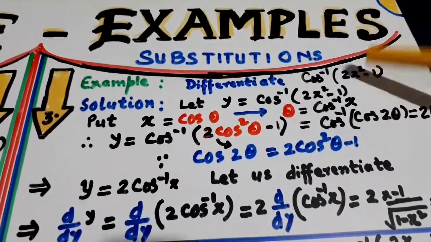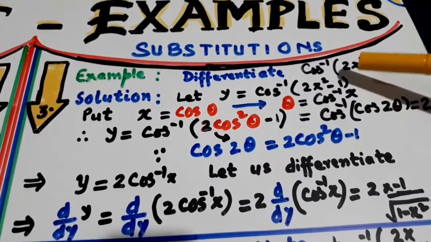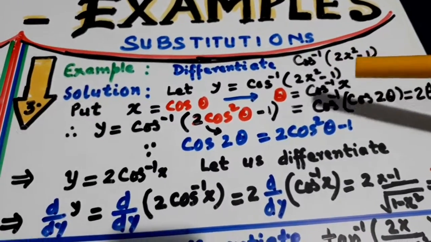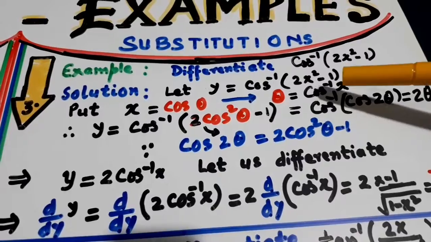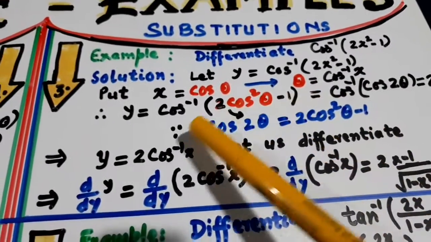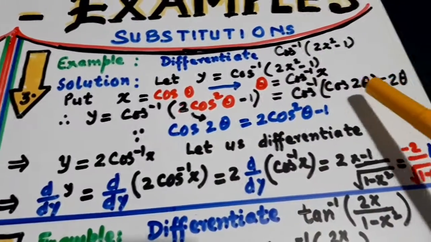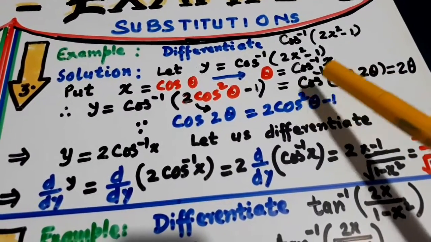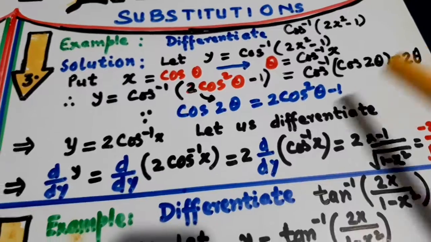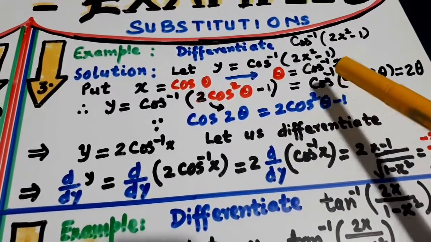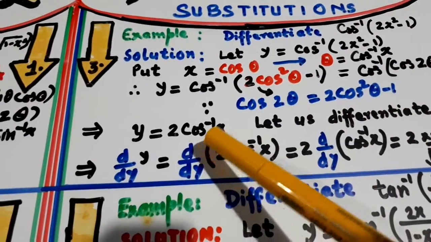Yes, it is cos 2 theta. So put x is equal to cos theta, and theta will become cos inverse x, and after substitution, this will reduce to cos 2 theta. So cos inverse of cos 2 theta will be 2 theta, and theta, as you know, is cos inverse x. So it will be 2 cos inverse x.